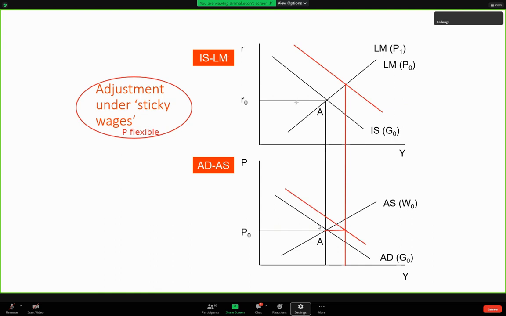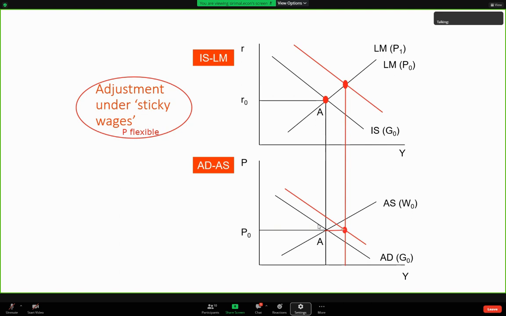So remember our equilibrium point, we started with this one, moved to this point, and we shift the aggregate demand line there also in the second graph to this point. But the issue is now this is not the equilibrium point here.